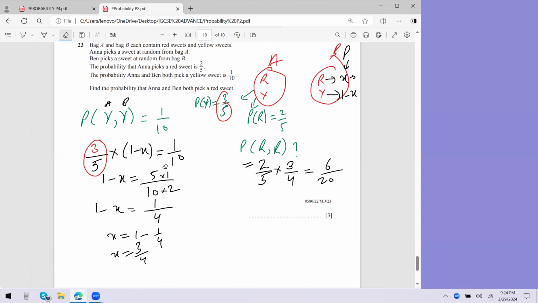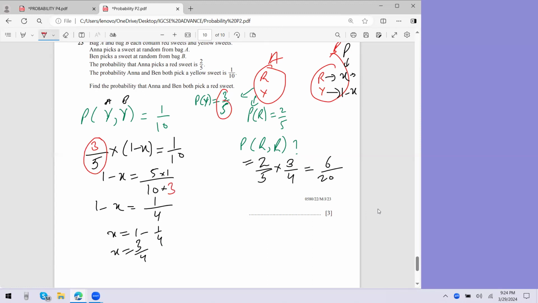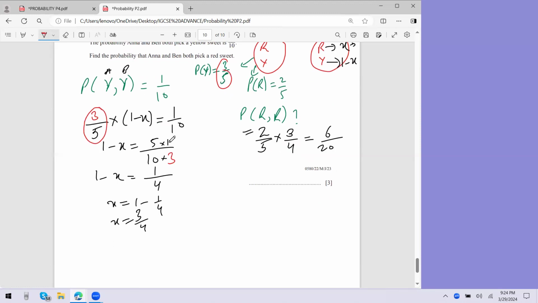So 1 minus x, this will be 3. This will become 3. 5, 2, 6. This will become 6. 1 minus 1 by 6, so this is 5 by 6.